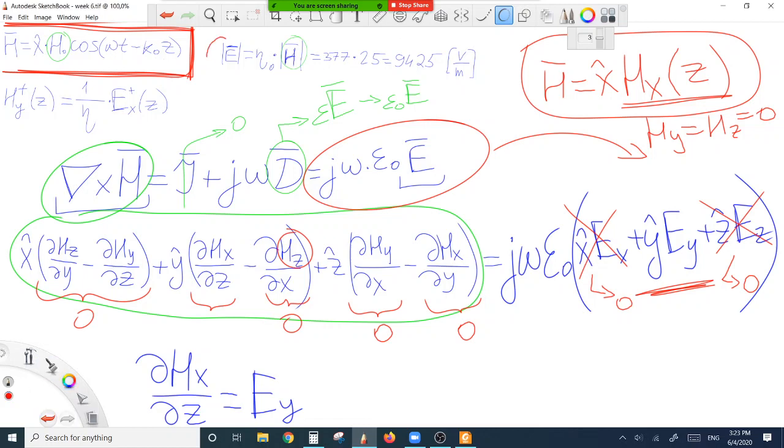Okay, we know the magnitude of the electric field intensity. We know the direction of that component. It means it is directed along y.